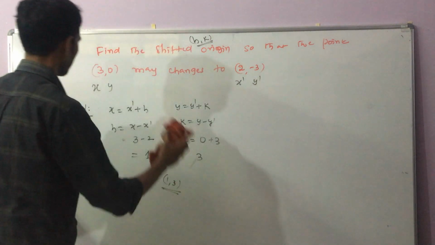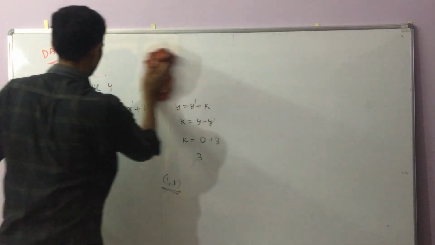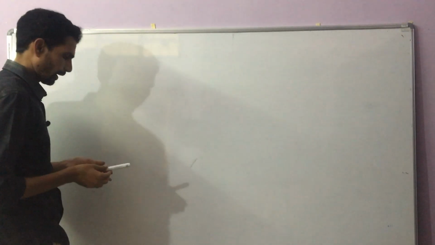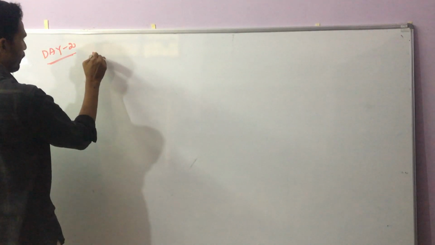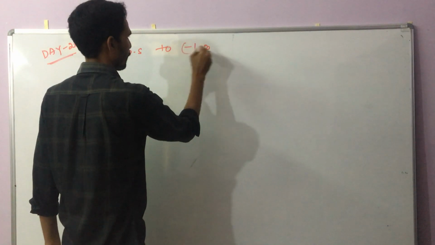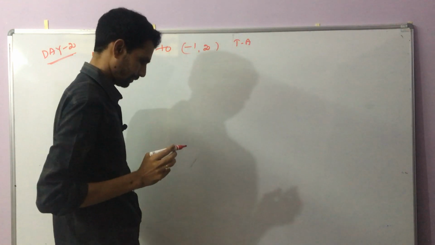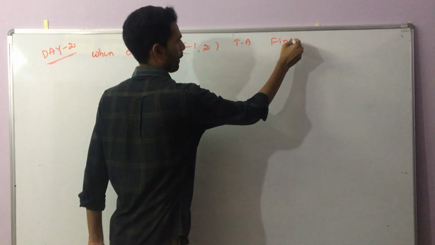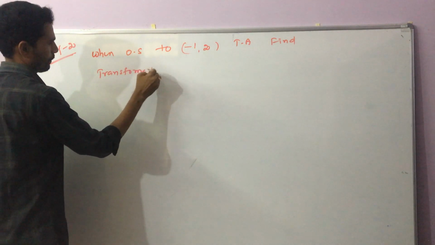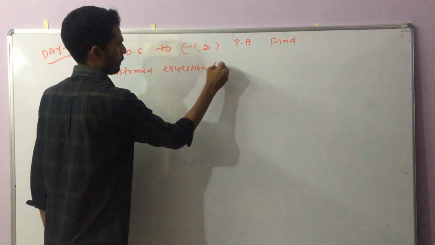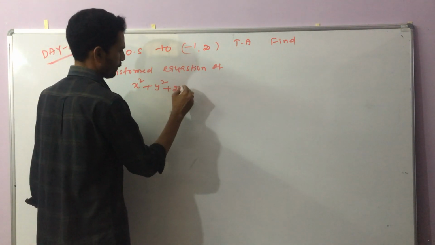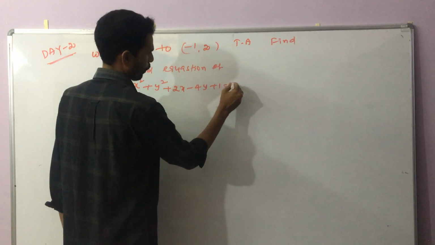Next problem. When the origin is shifted to minus 1 comma 2 by translation of axes, find the transformed equation of x square plus y square plus 2x minus 4y plus 1 is equal to 0.